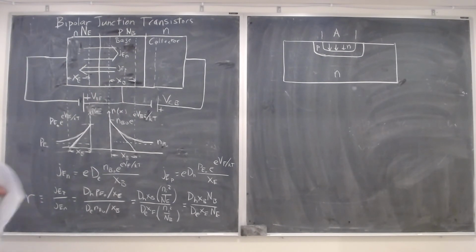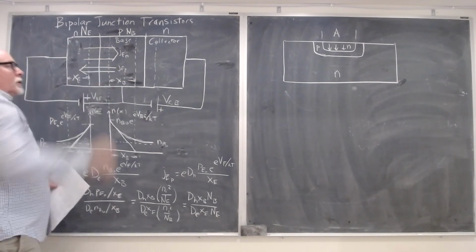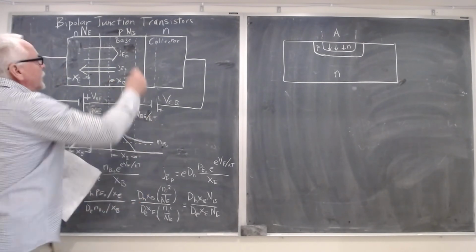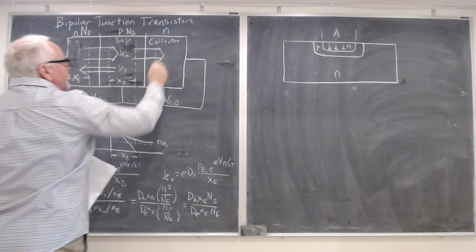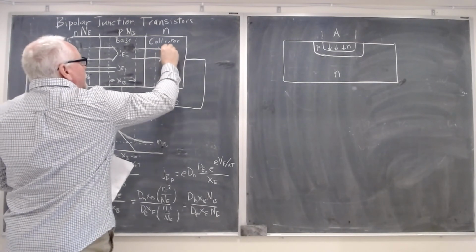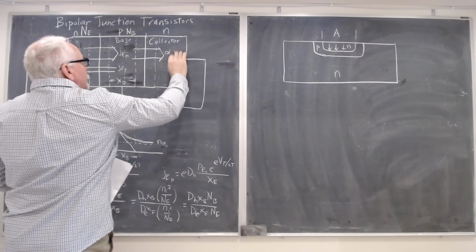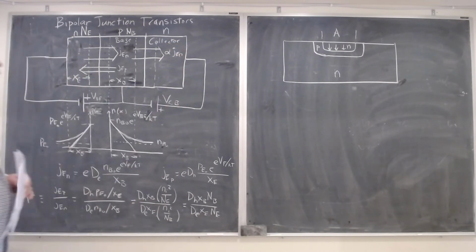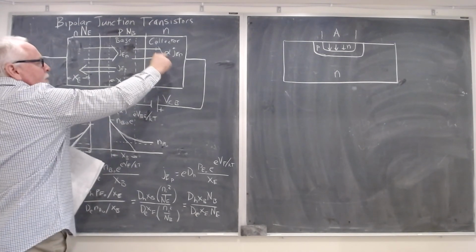All right, now I'm going to draw one more thing here, which is that these electrons flying across into the base, we want them to be collected. And so I'm going to draw an arrow here, and I'm going to write that as alpha J_E N. Okay, and you can see that the idea is I want alpha to be as close to 1 as possible.